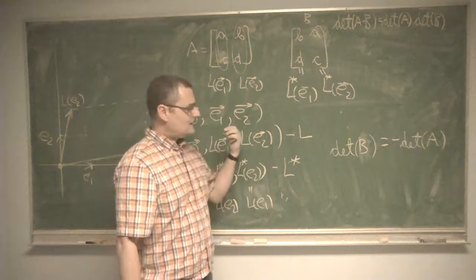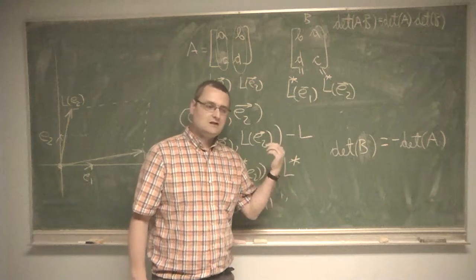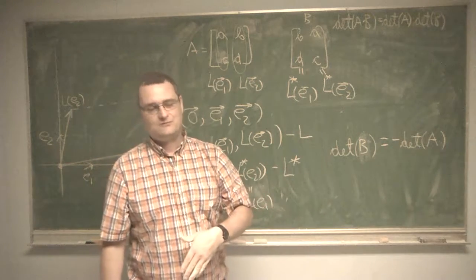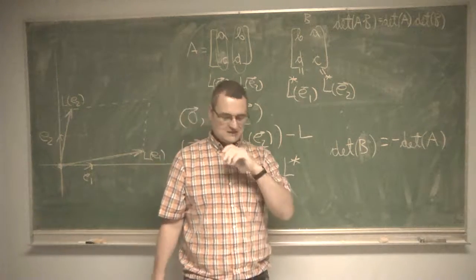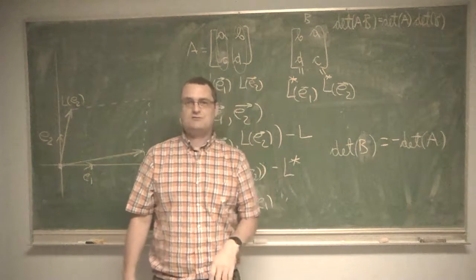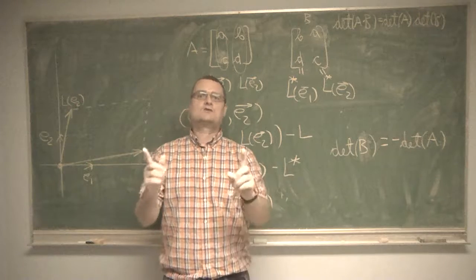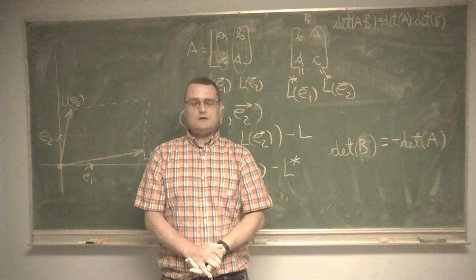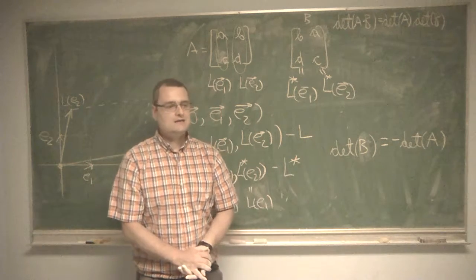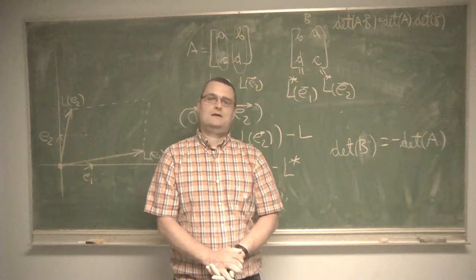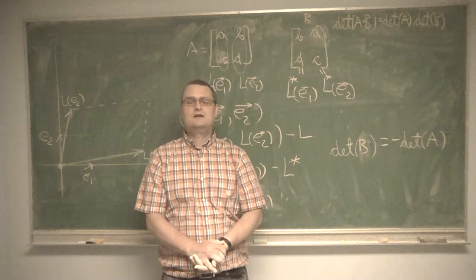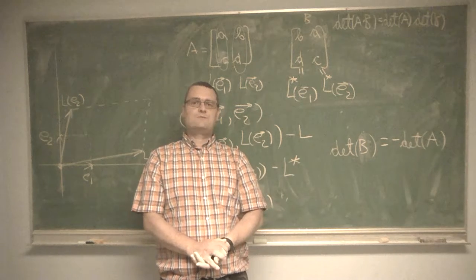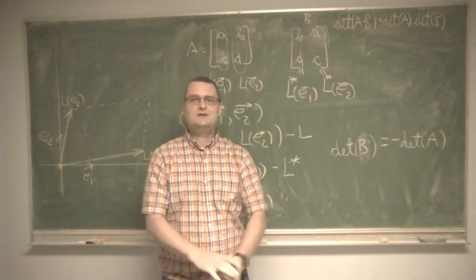But from here the very same geometric idea works also for 3 by 3 matrices. Remember, 3 by 3 matrix represents linear transformation in 3D, and now swapping two columns means that you get the transformation which deforms the space with the same magnitude but changed orientation.